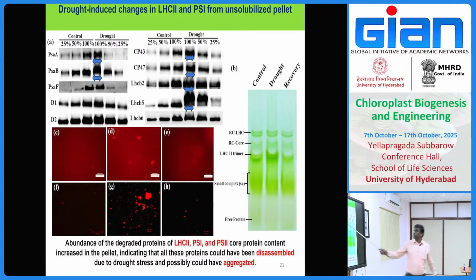So what we did, these solubilized fractions, again we ran the SDS-PAGE, then probed with the antibody, and you can see here some of the PsaA, B, and also the CP43, CP47, LHCB2, LHCB5, and all these blue colors have enhanced in drought conditions. When you see 100%, they significantly increased.